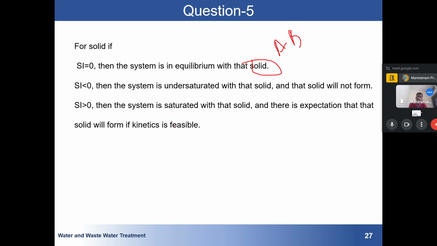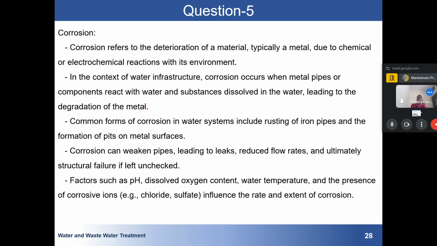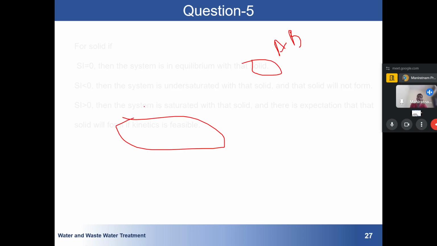And remember, not only does the system have to be saturated, kinetics also has to be favorable. Say you have added a sufficient amount of A and B, but it takes 1 year to form. You cannot say the system is undersaturated. The system is saturated, but it takes more time because it is not kinetically feasible for AB to form. So this was all about saturated and undersaturated.